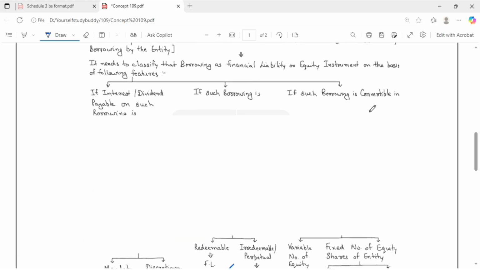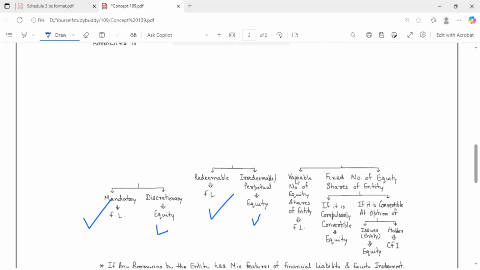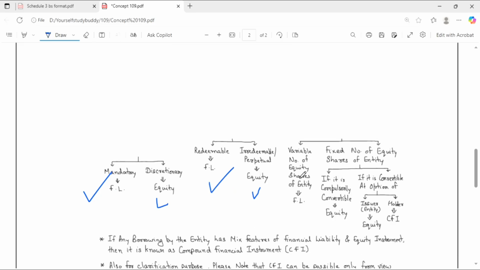If such borrowing is convertible in nature, suppose I have issued a convertible debenture and I am going to redeem it by issuing a variable number of equity shares. Okay, look, why do we show a variable number of equity shares as a financial liability? Because at this point we don't know how many equity shares we will have to give. Okay? It can be any number. So for that reason we show it as a financial liability.